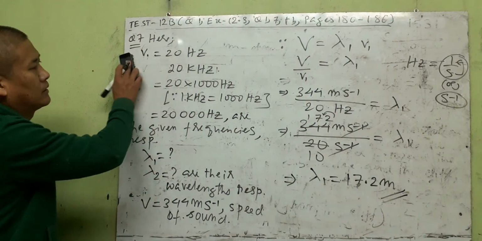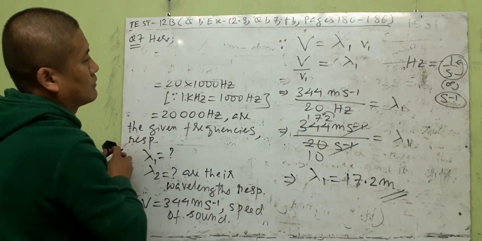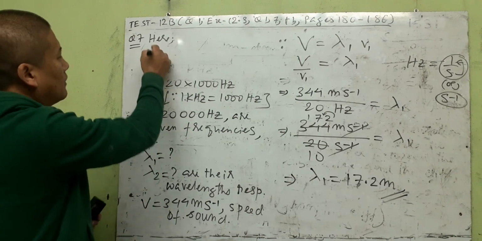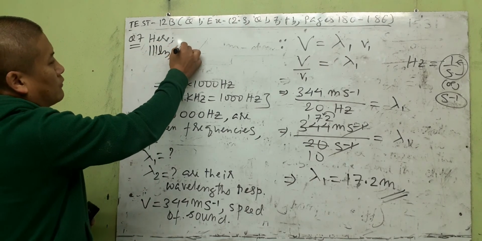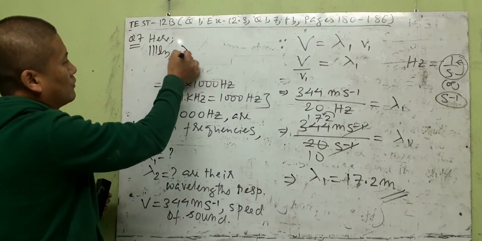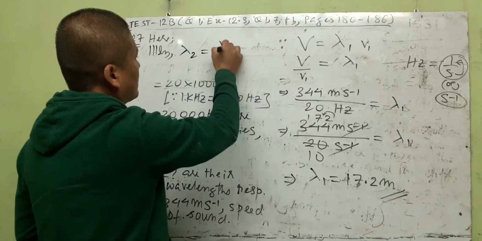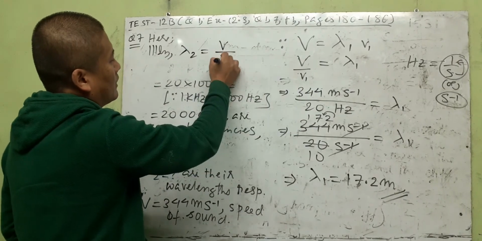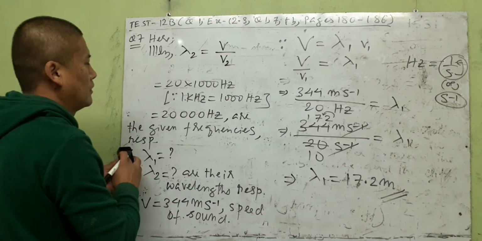Similarly, I can write the second wavelength directly from here. Lambda 2 will be the same sound speed divided by the second frequency v2.